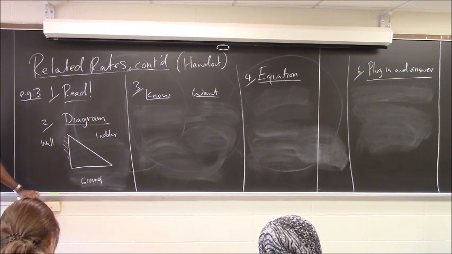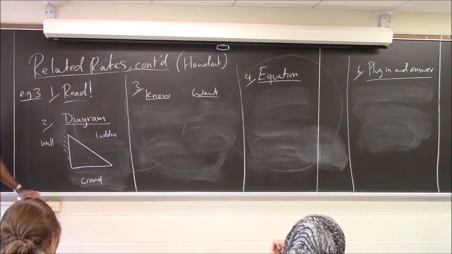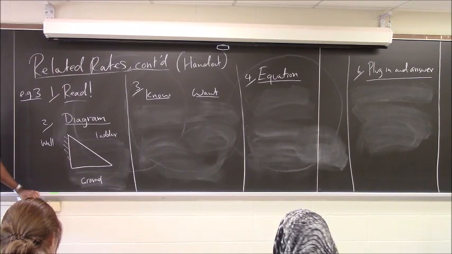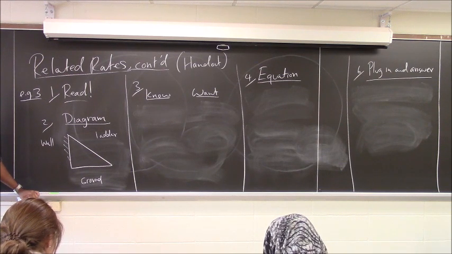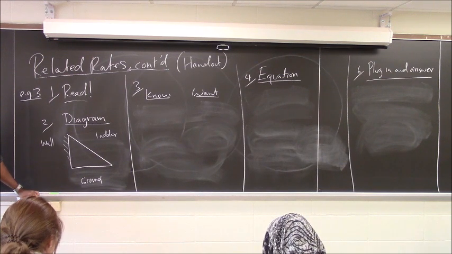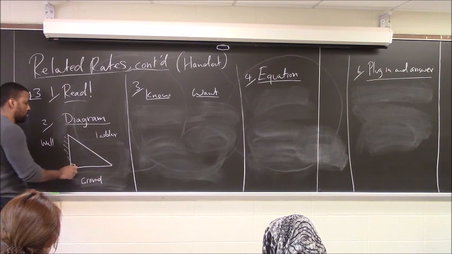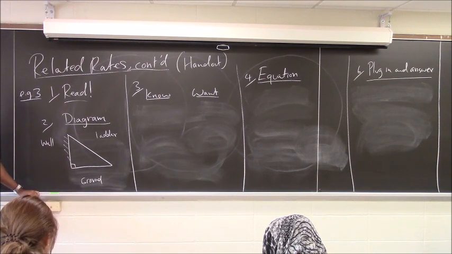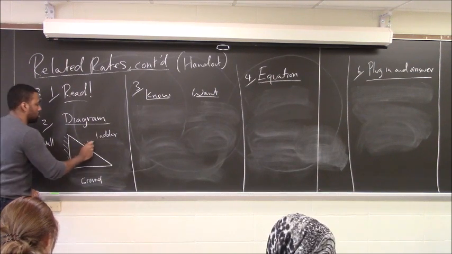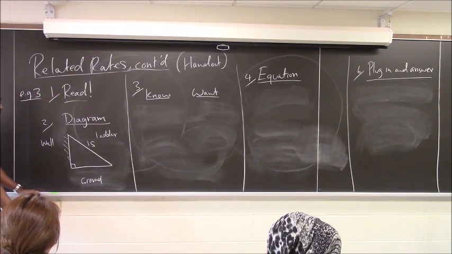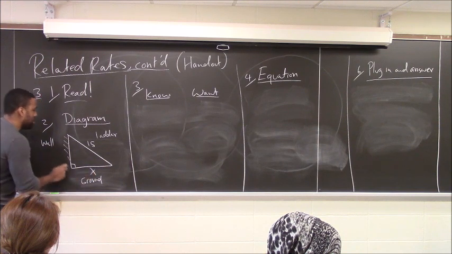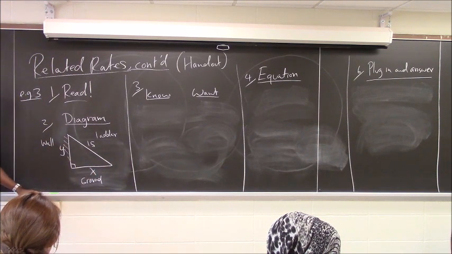The bottom would be 9, the hypotenuse would be 15... No, that's not how we label the diagram. The ladder would be 15, the wall would be W, and the ground would be G. Sure, let's use X and Y. It doesn't matter. You can use whatever you want.